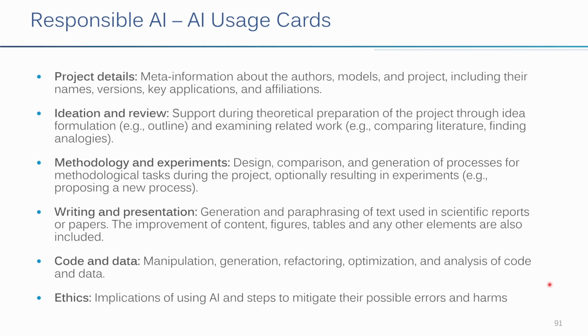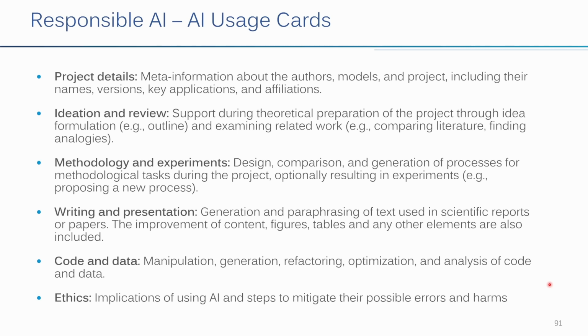Code and data. So did we generate any code, manipulate, refactor, optimize? Did we process any sort of data with these AI tools? And of course, we do have an ethical component about it. So the implications of using AI and steps to mitigate their possible errors and harms, we're also interested in that.